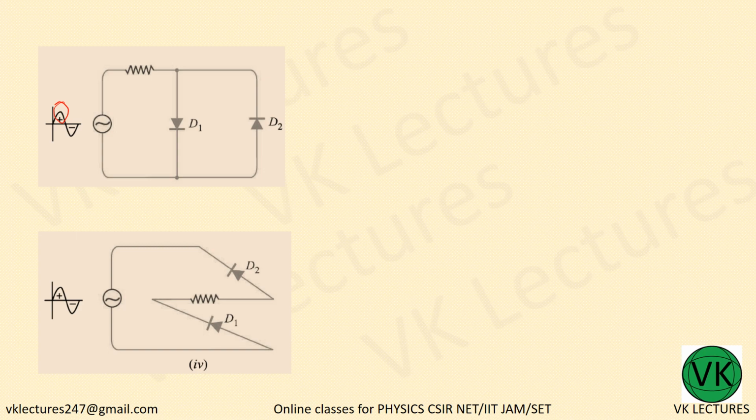Now in the positive cycle, here you have positive, here negative. This diode will conduct, but this diode will not conduct in the positive half cycle. What about the negative half cycle? Here you have negative, but this won't be conducting in the negative half cycle.